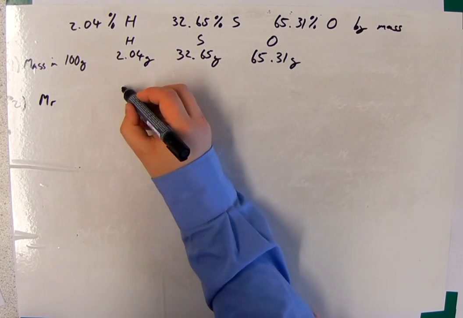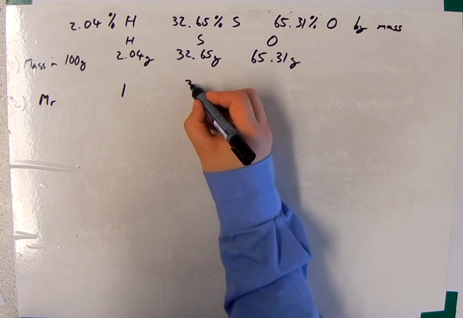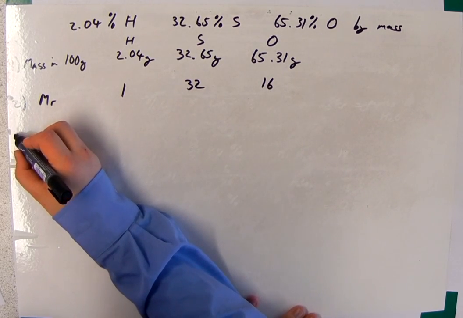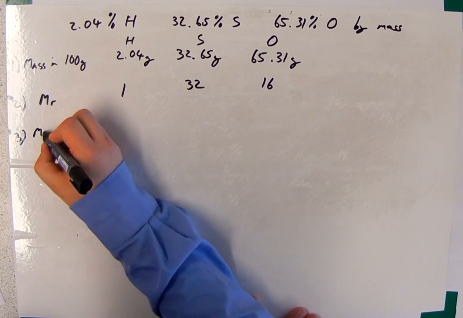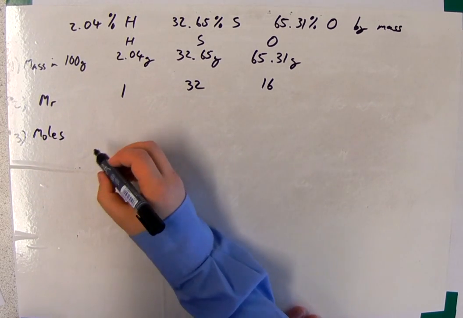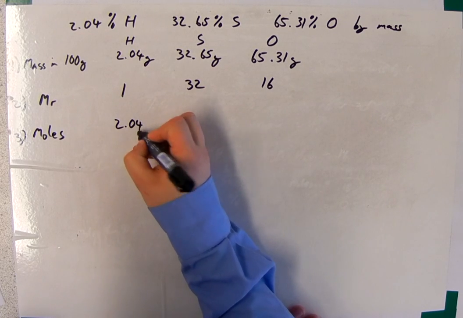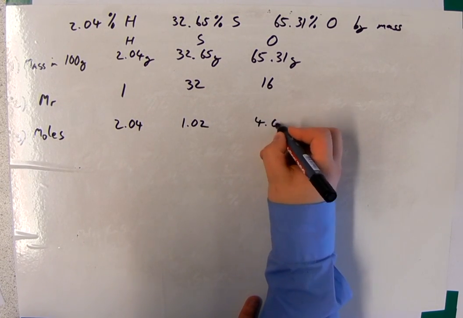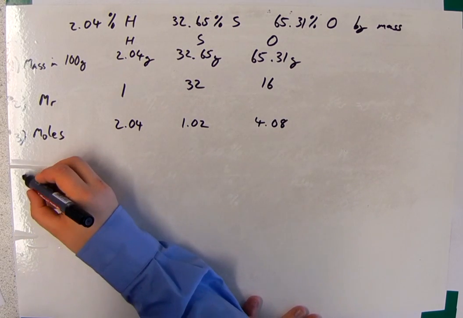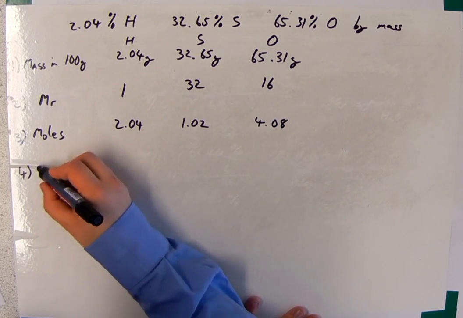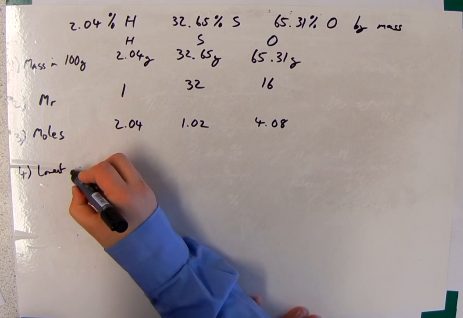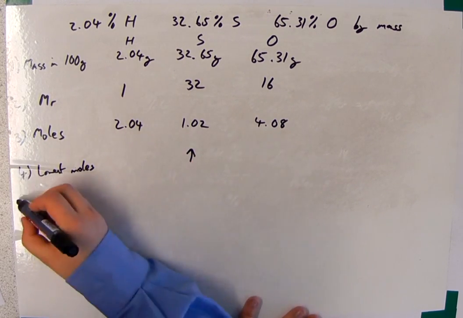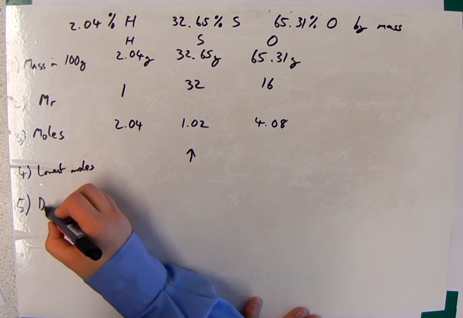Relative masses: 1, 32, 16. Convert to moles: 2.04, 1.02, 4.08. Lowest moles, as you'd expect from the previous time, sulfur, and finally divide.